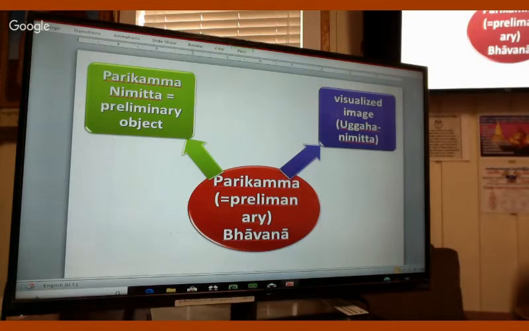At the moment of magga phala, we understand the four noble truths simultaneously. That's why. So that is the three kinds of bhavana. Bhavana meaning is increasing our power of mind, we say in Pali.